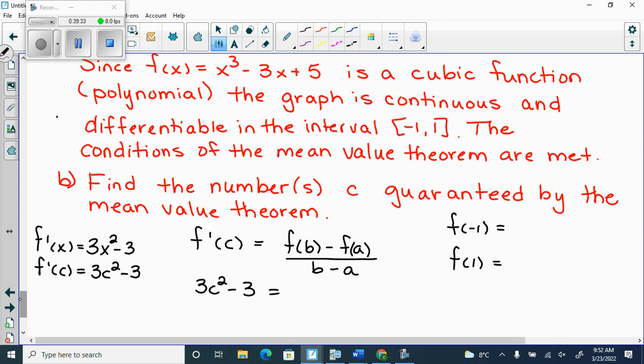You could do f of a minus f of b. You just have to make sure these ones are backwards, right? Whatever y you list first, you have to list its corresponding x first. We learned that in grade 10, that x1, y1 doesn't have to always be the same point. This one could be x1, y1, this could be x2, y2. It doesn't matter. It just matters that whatever y value you pick first, its corresponding x has to come first. Okay? That's the only rule that you learned in grade 10.